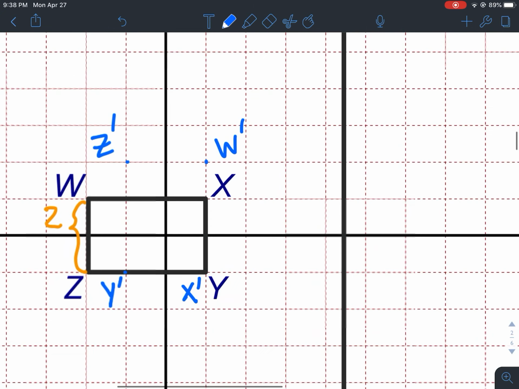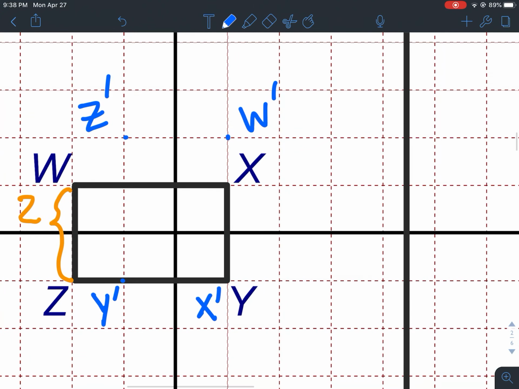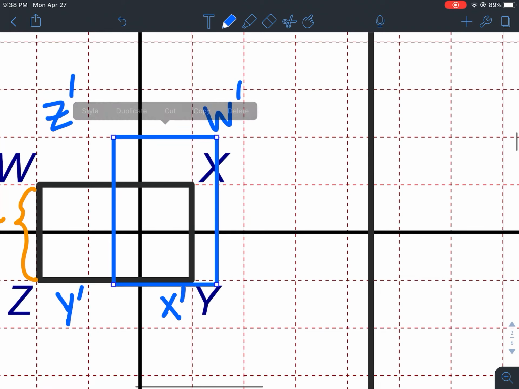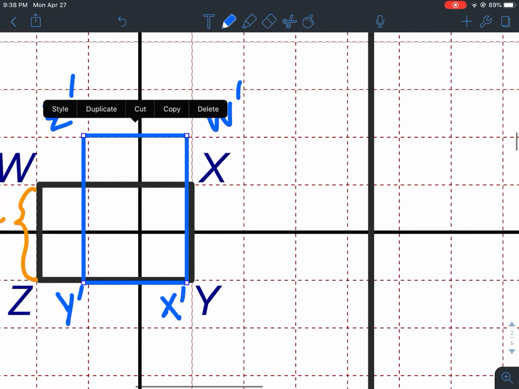So now that I know where the 4 points belong, I'm going to connect those to graph my rectangle. Well, try that again.